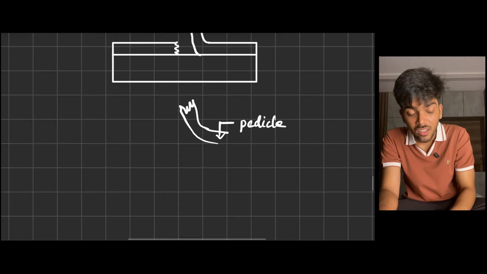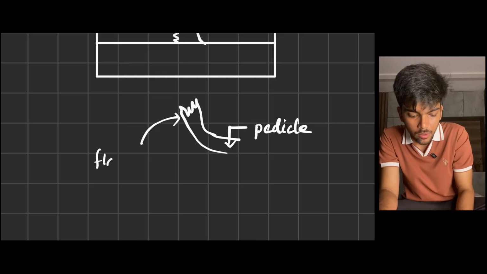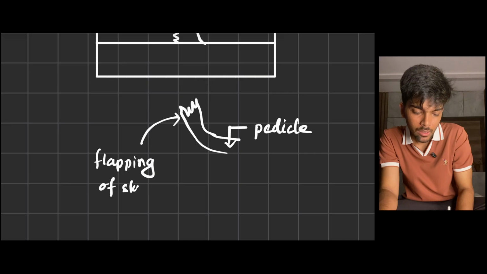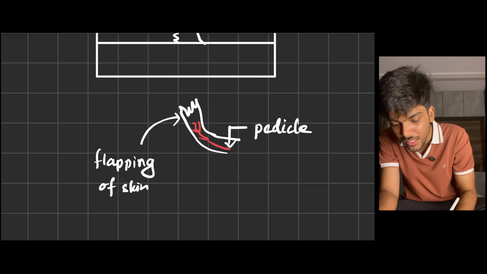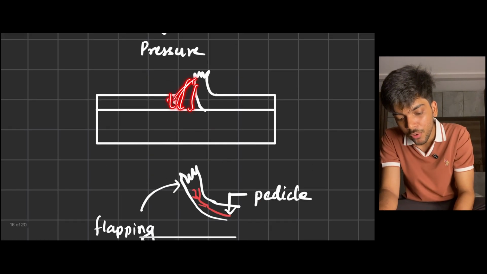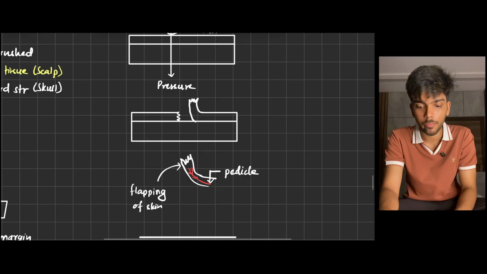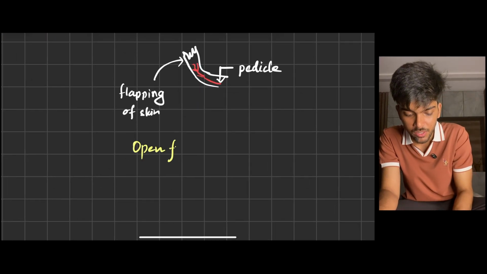So the skin is not completely detached, and this is referred to as flapping of skin. The blood vessels, the vasculature of the skin, are preserved. So this flap can be resutured back to its original position without any problem. And this is seen in open fractures.